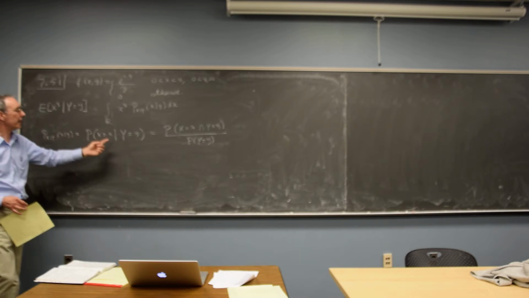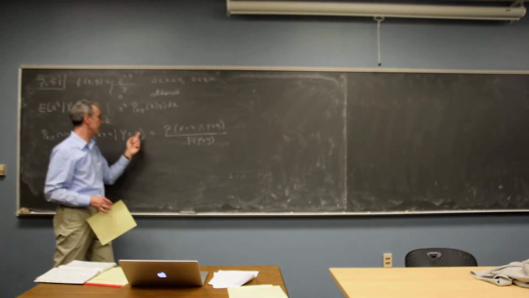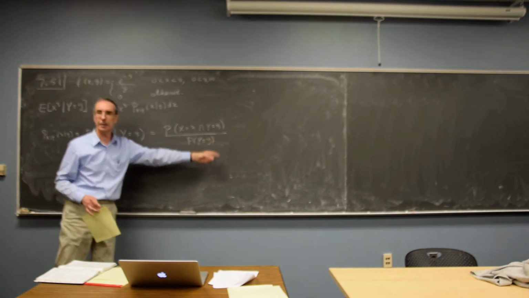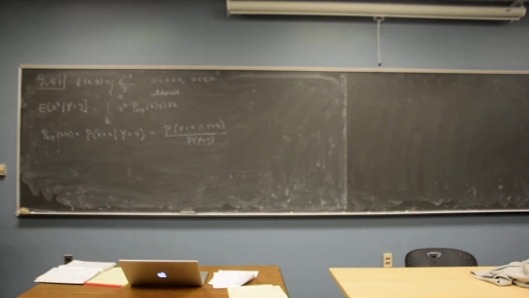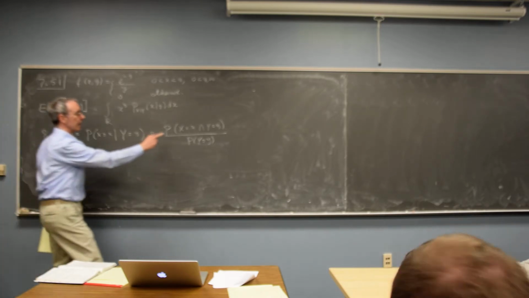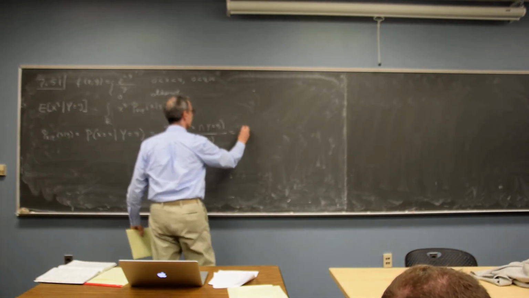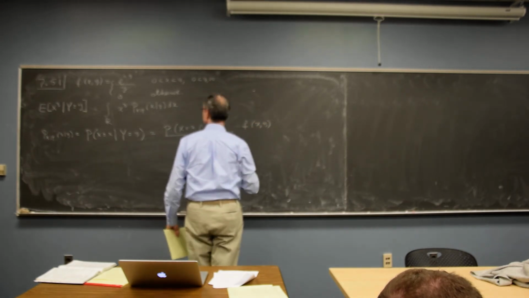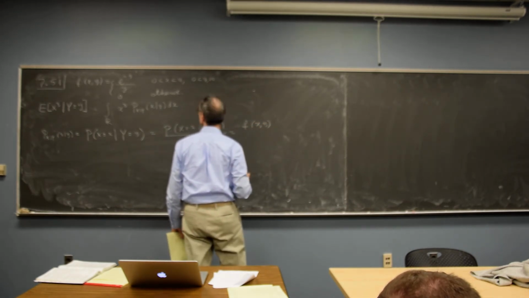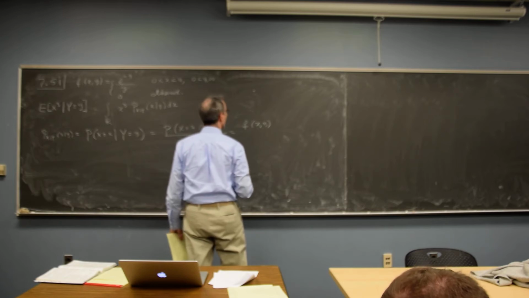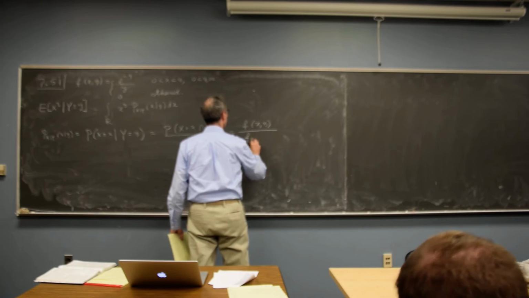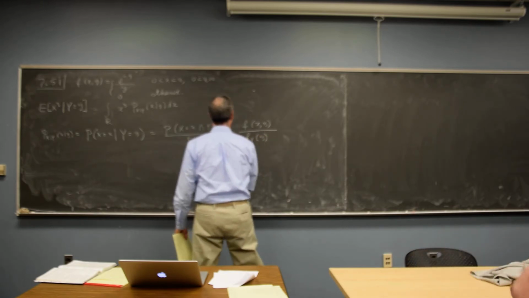So this is multiplied by dx, and this is dx dy. So this quantity is basically f of x and y, and this one is Fy of y.